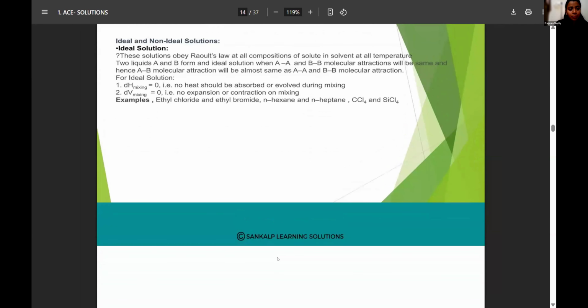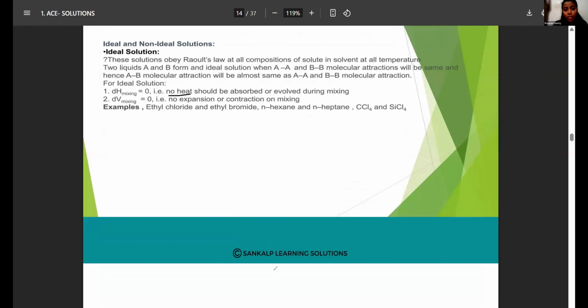See, the enthalpy of mixing of pure components is given here. No heat should be absorbed or evolved during mixing. This is what 0 means. And no expansion or contraction, that means no volume change. That's all. And examples are given here.